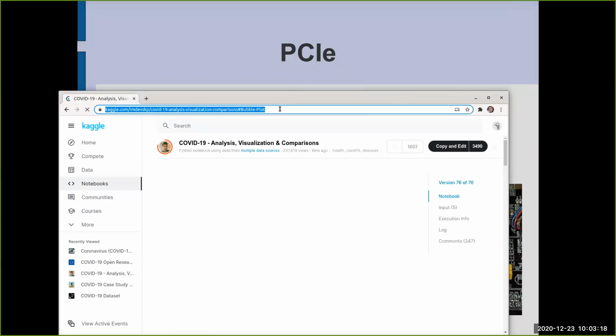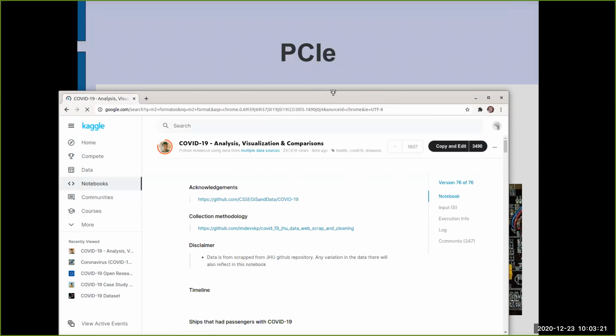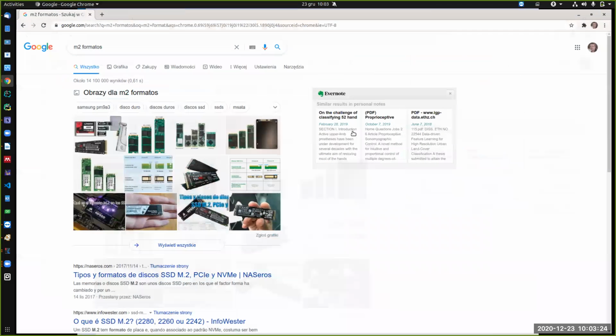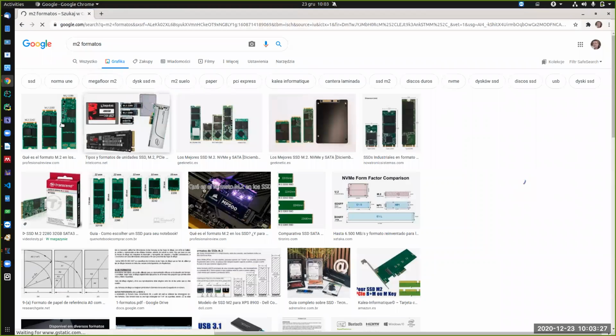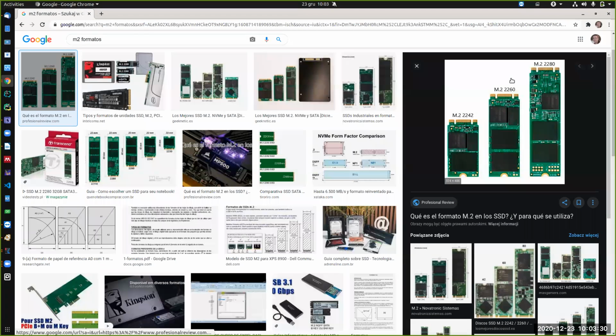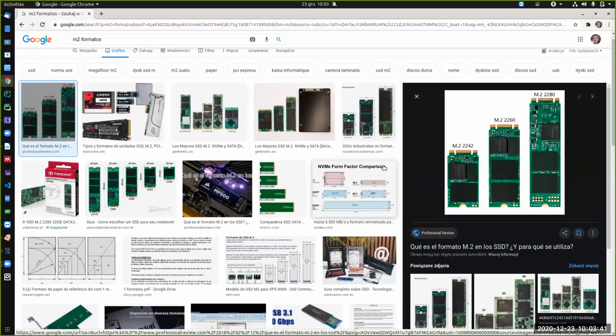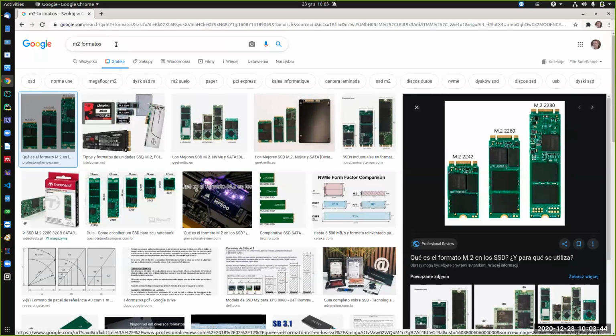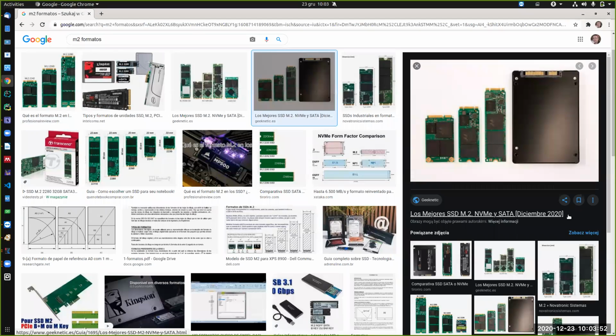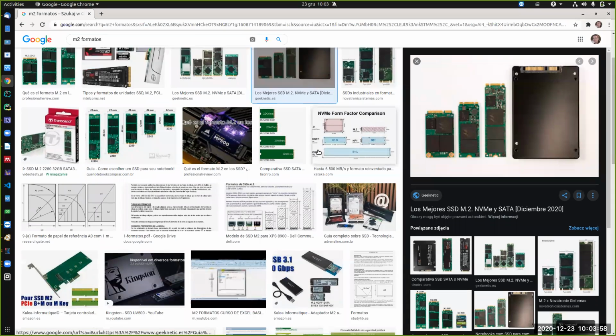So look. Here, I think M2 is now the most commonly used format for hard drives in laptops. But if you try to buy an M2 drive, you have to verify whether it is NVMe or serial ATA.